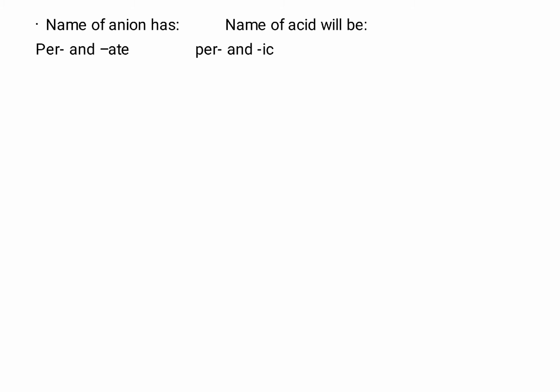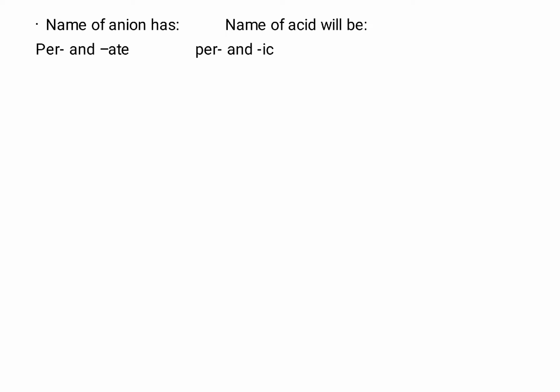Okay, so let's take another example. We will take the example of H3PO5. So to get you started, you are going to figure out what this is called. Once you figure that out, you will use that to find the name of the acid.